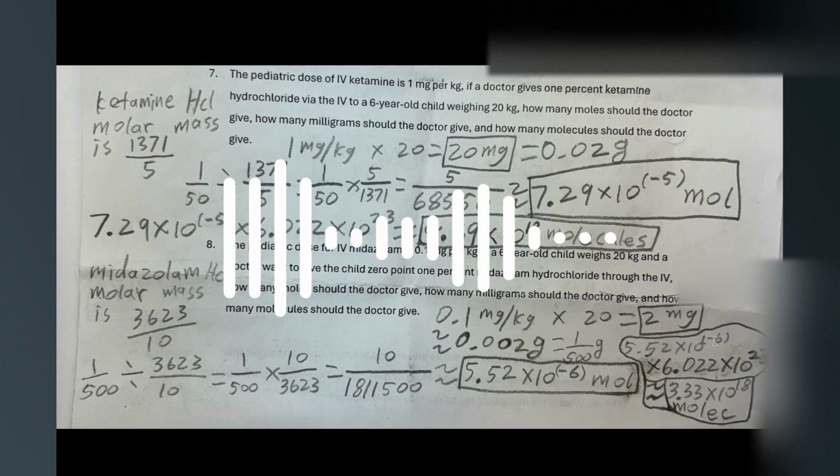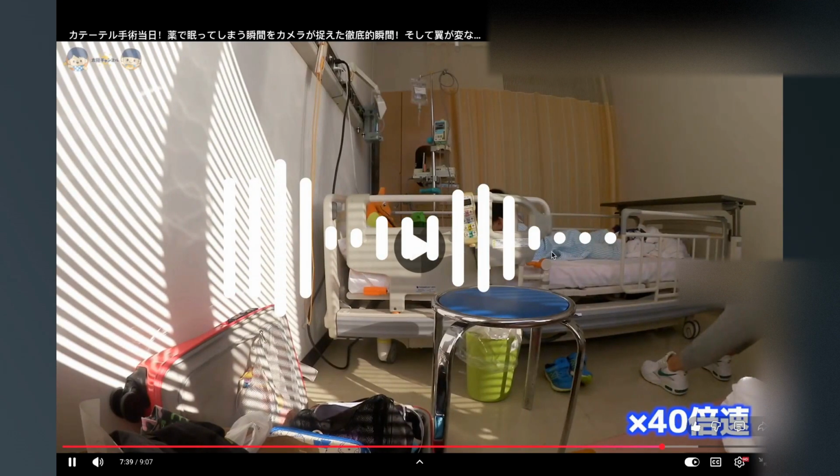So 23 minus 6 is equal to 17. So this is 33.3 times 10 to the power of 17 midazolam molecules, but in scientific notation we write it as 3.33 times 10 to the power of 18, which is equivalent. So they're giving about this many midazolam molecules to this child.